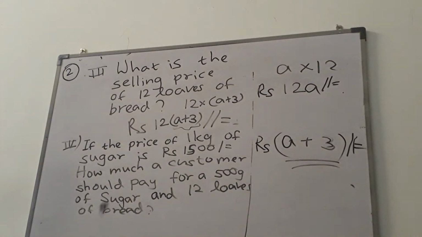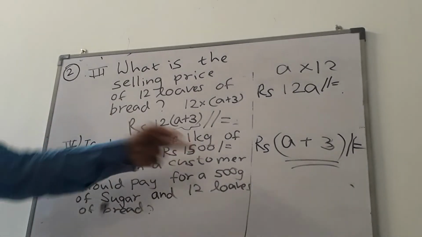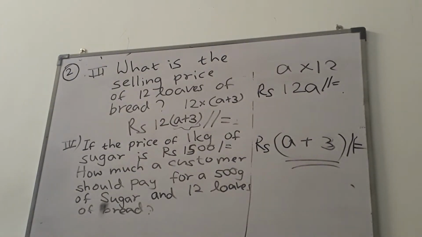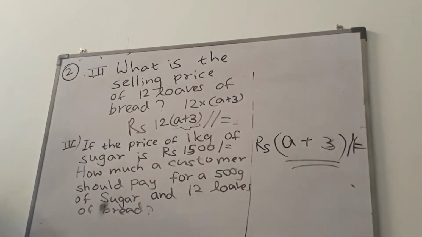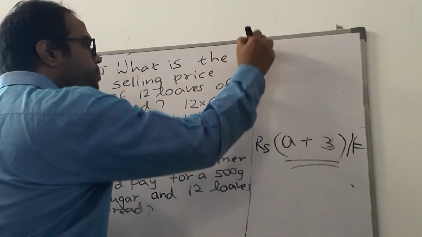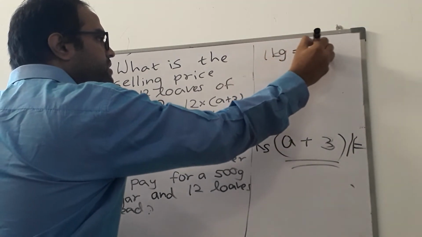If the price of 1 kilogram of sugar is 1,500 rupees, how much should a customer pay for 500 grams of sugar? 500 grams means half of a kilo. 1 kilo means 1,000 grams.